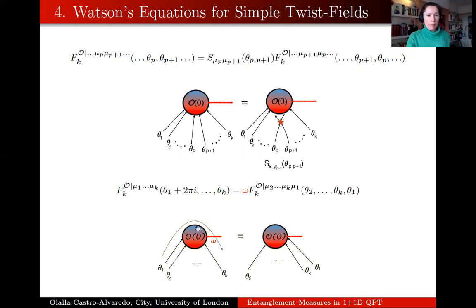But we could also shift by 2πi, so we could have also θ1 coming here. I think that makes sense. So this represents the final outcome here. This represents the 2πi shift. If we shift one of the rapidities by 2πi, we bring that rapidity to the end, and we possibly pick up a phase, a factor. So these are the Watson's equations for a simple twist field. For a completely local field, this W is not there at all, and that's the only difference.